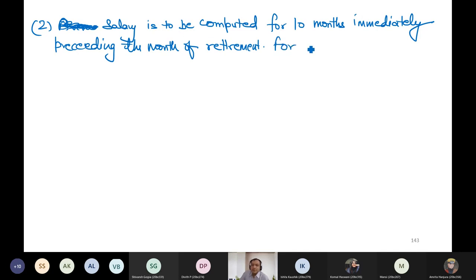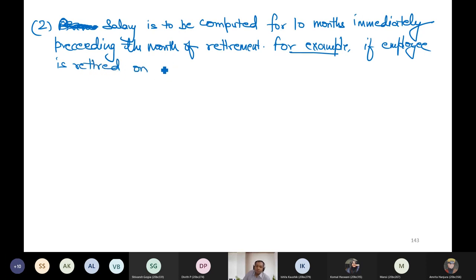For example, what is the meaning of this? For example, if an employee is retired on 29th or 28th Feb 2021, I will take the salary of 10 months, ignoring the month of retirement.